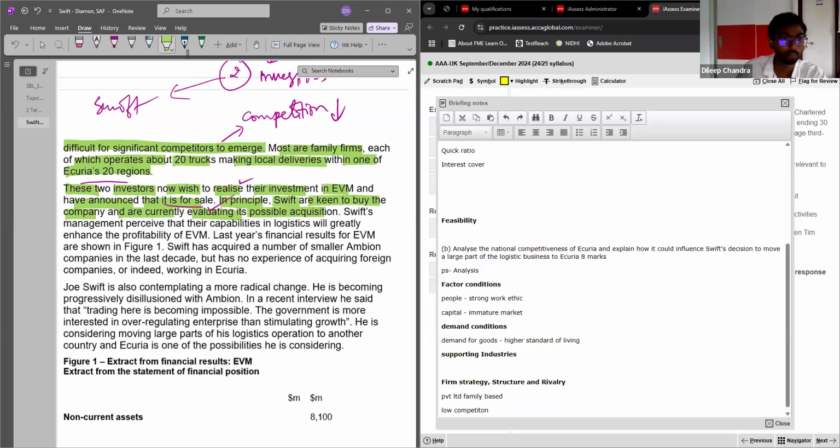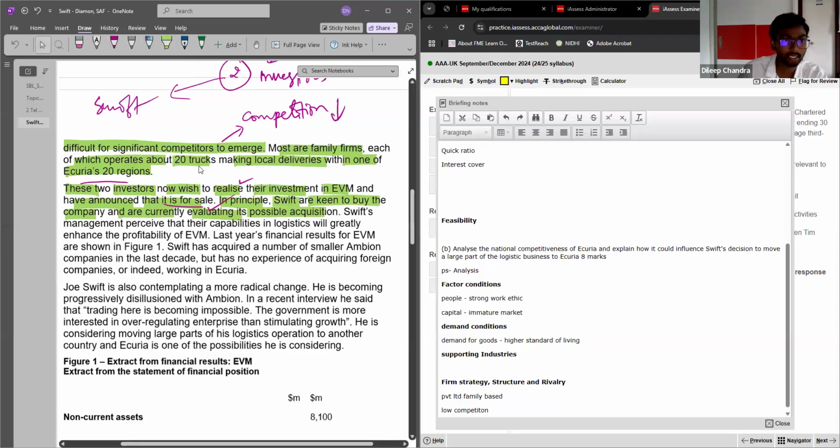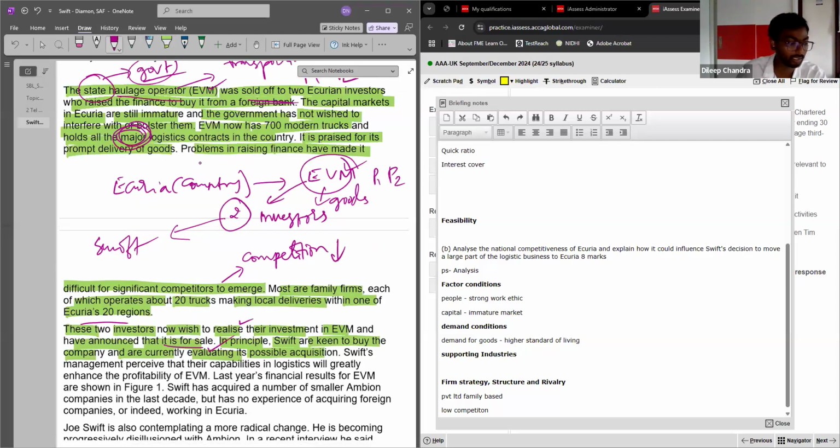You know what? When I'm reading this point, what I felt like is the staff who are working in this EVM, right? They work under government first. They work under two private investors next. Now they might be working under Swift.